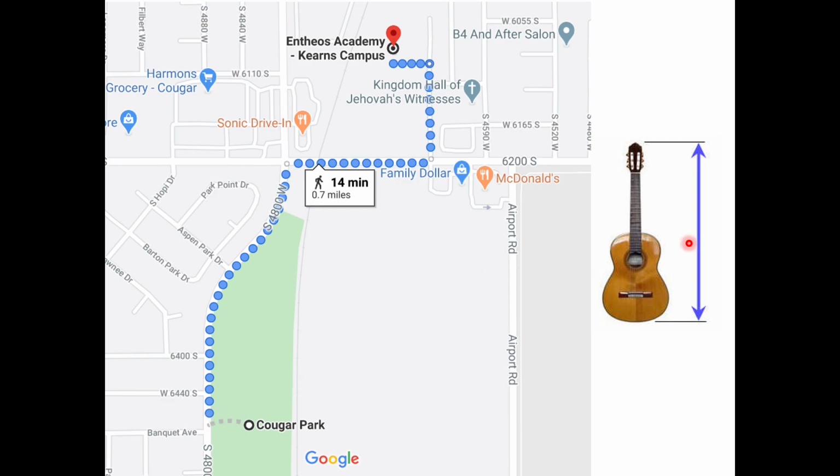So if you take 1,000 of those guitars and you lay them end on end, it would take 1,000 of these guitars laying end to end to reach from the school to the park. So a kilometer is definitely a longer distance, and there are more meters inside of a kilometer. There's 1,000 meters inside this kilometer distance.